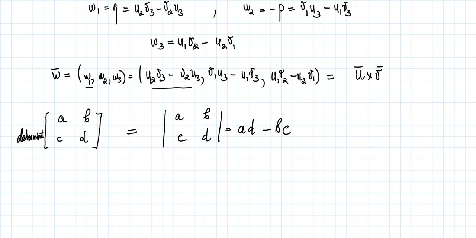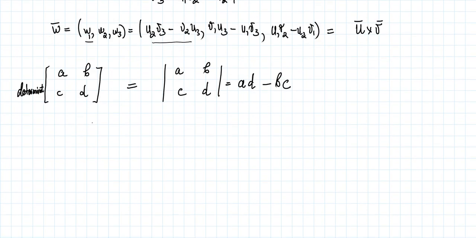Okay? So for example, if you have a matrix with the components 1, minus 6, and 4, what is going to be its determinant? It's going to be 8 plus 6, right? It's going to be 14.